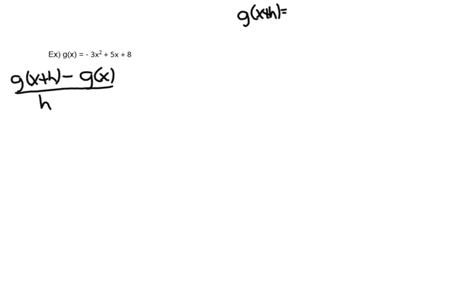Okay, let's take a look at one other quadratic then. So this one's a little bit more involved, but again, I've already written out the definition of the difference quotient, and I'm going to do g of x plus h now. So again, every time I see an x, I'm going to replace it with x plus h. So again, I'm going to do the x plus h squared first.